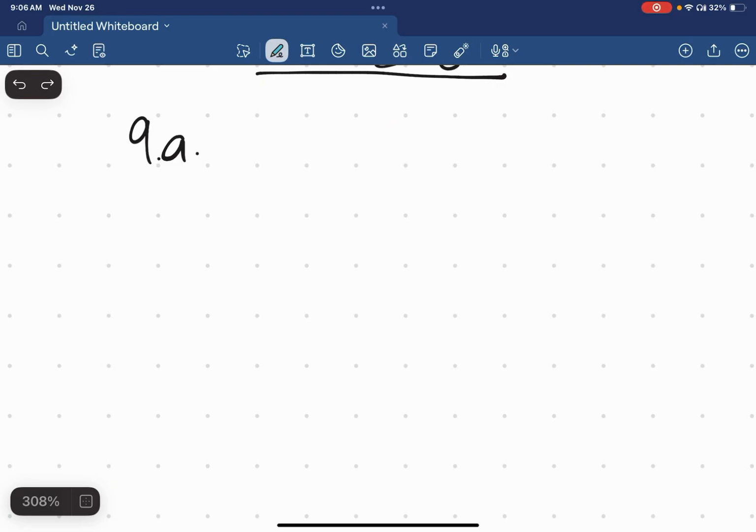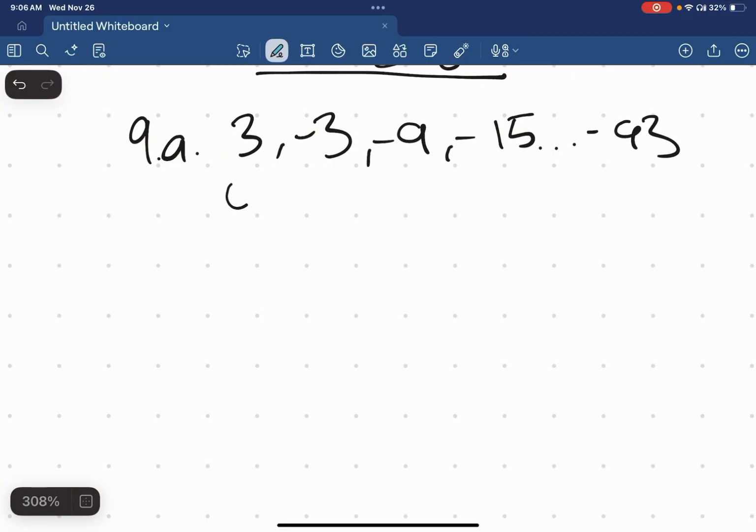Okay, so we're given the sequence 3, -3, -9, -15, all the way to -93. So we know that u1 is going to be equal to 3, and our difference here, which is subtracting 6 each time, is equal to -6.